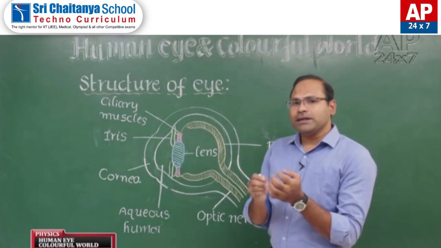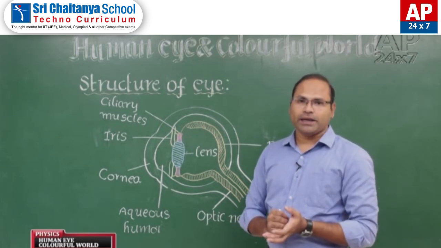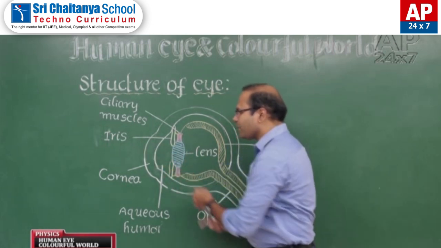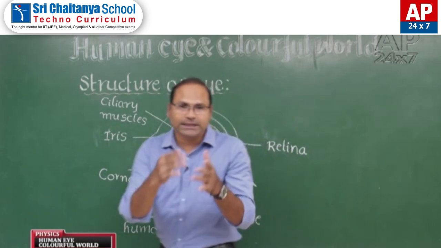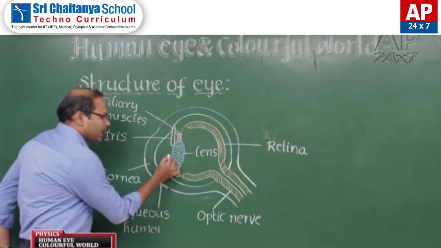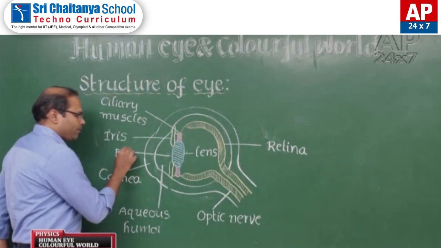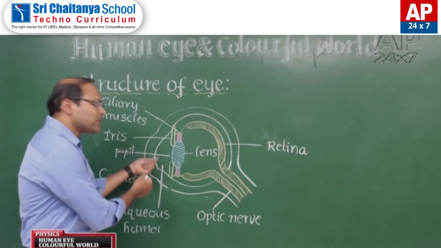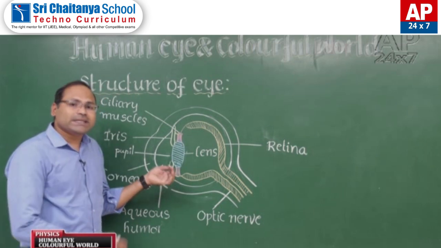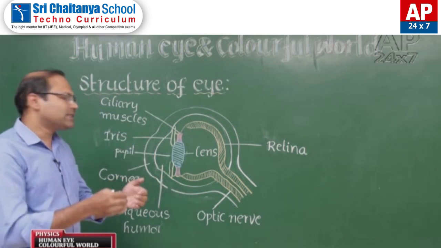Iris is the only colored part in the eye, and at the center of the iris there is a gap, a hole exactly at the center. You can call it the pupil. Pupil is the hole in the center of the muscle iris.